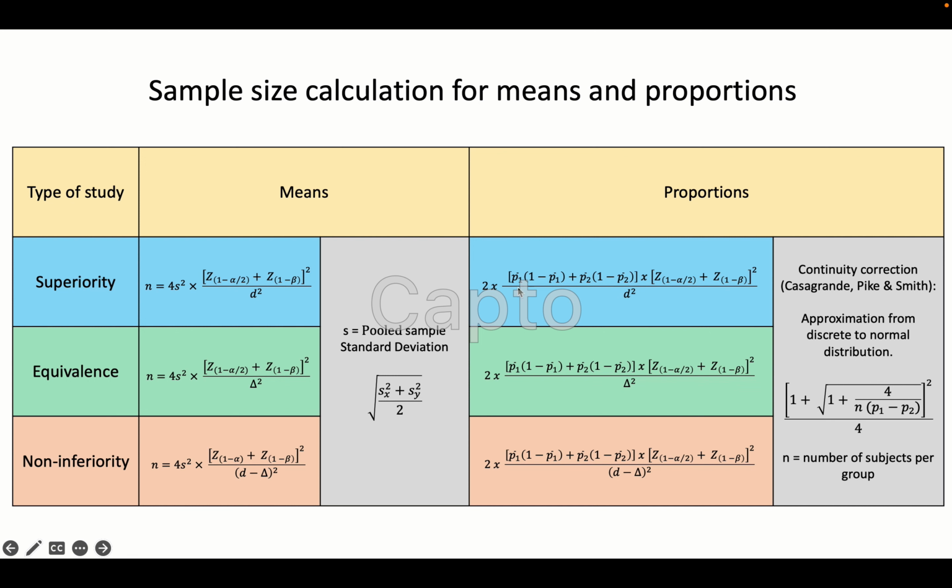So the concept is really similar when you compare means and proportions.